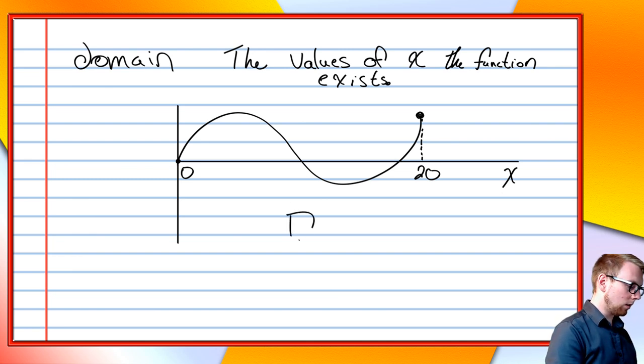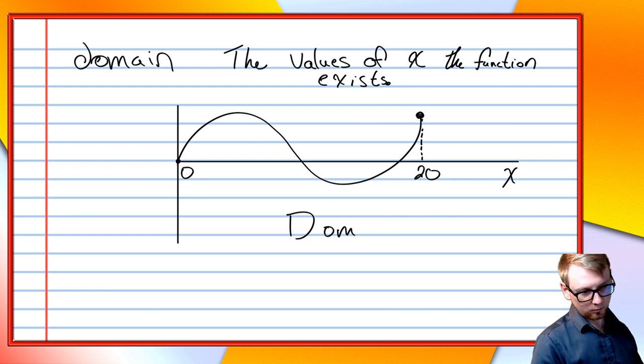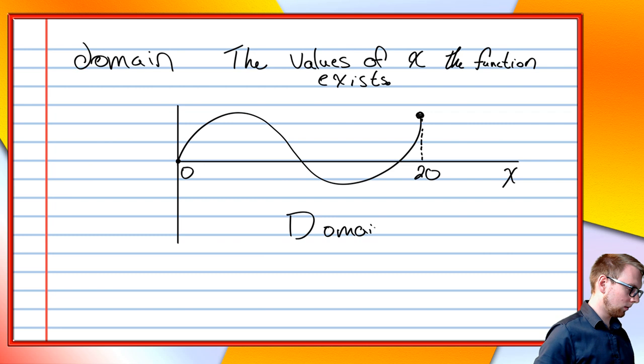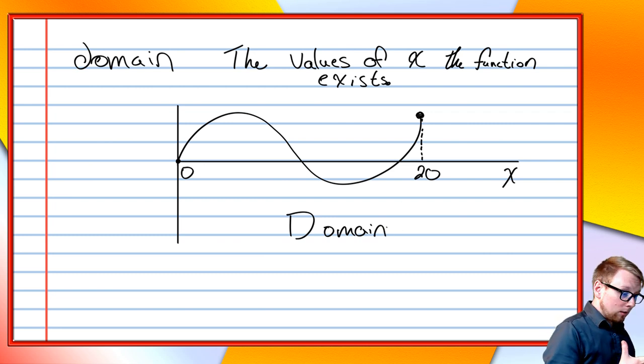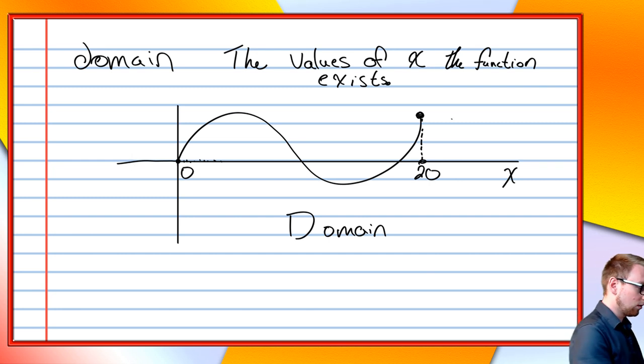The domain is the values of x that exist. Well, the function has a value here, here, all the way along up until 20. Doesn't have any past. There's nothing over here in the negatives. There's nothing past 20.